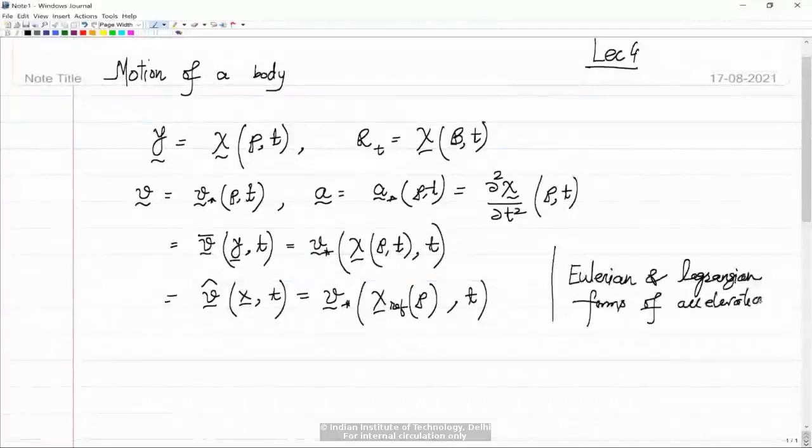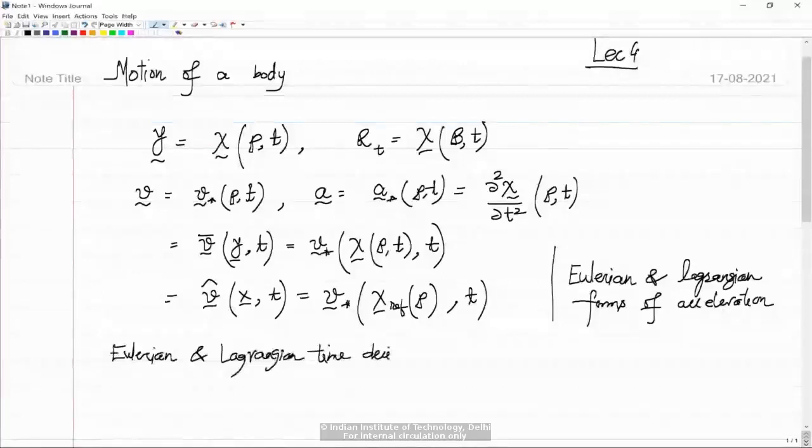So let us now talk about, just like we talked of Eulerian and Lagrangian derivatives, spatial derivatives, let us also talk of Eulerian and Lagrangian time derivatives. Okay. So again, I think you can very easily guess what that would be.